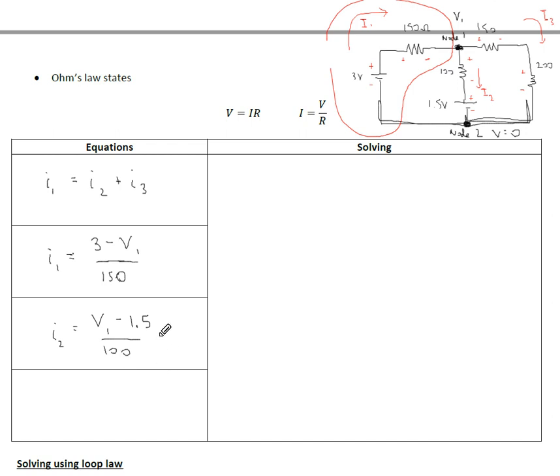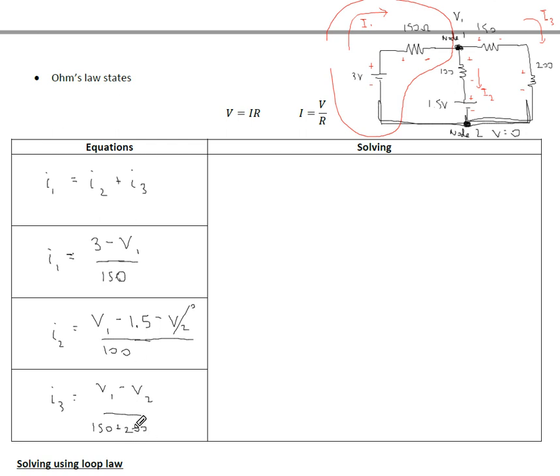You can also put a minus V2 there, but we know V2 is equal to 0 for this problem. Sometimes it might be some different value. And lastly, I3 is equal to V1 minus V2, which has to drop down to 0, divided by 150 plus 200.